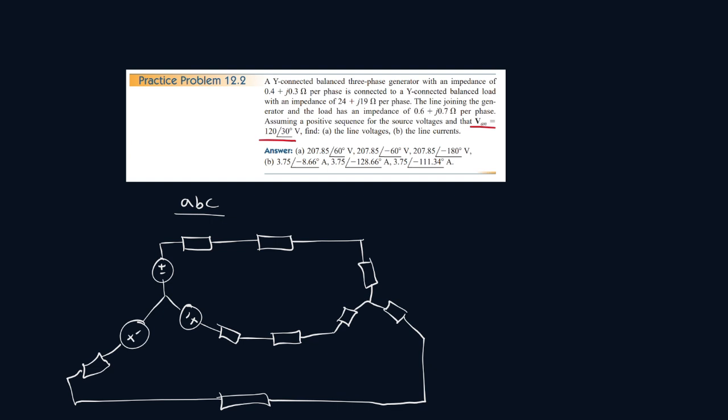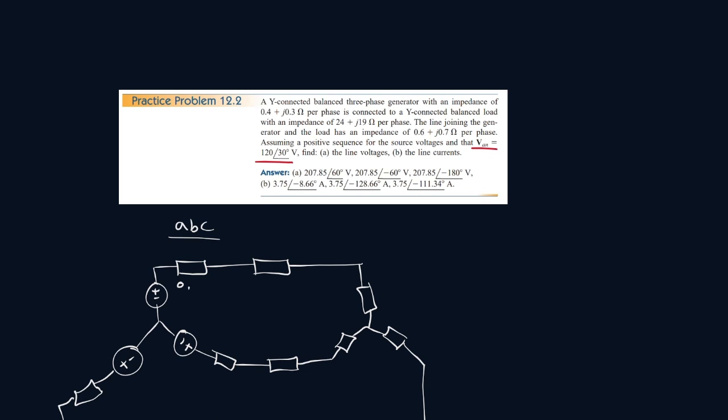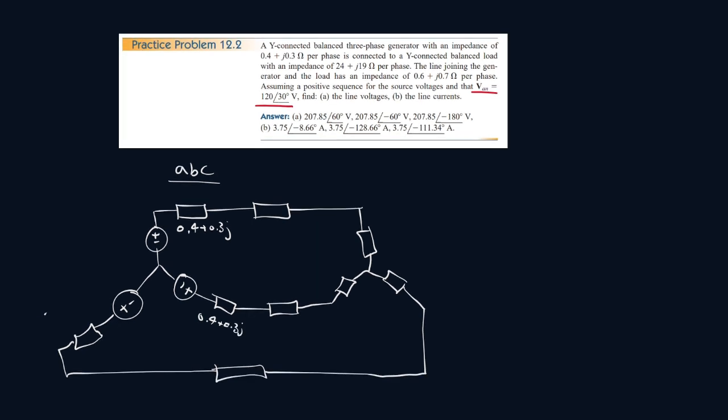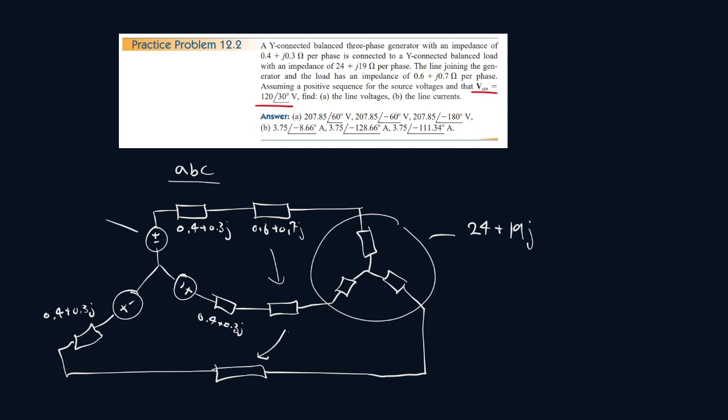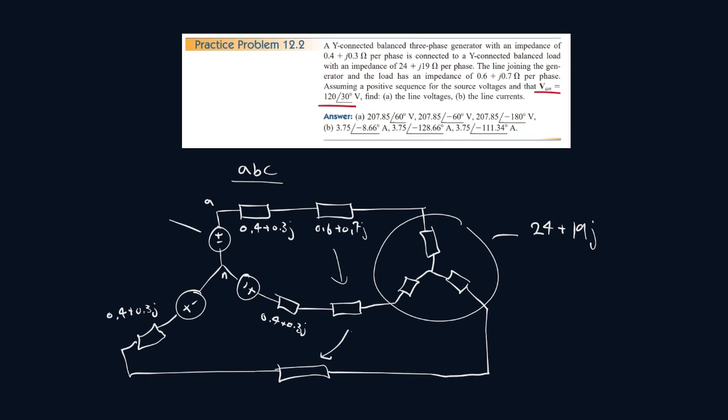Then it's 0.4 plus 0.3j, 0.4 plus 0.3j, 0.4 plus 0.3j. Then this one is 0.6 plus 0.7j, and it's the same for all of these. I'm just going to put those arrows there. And then for the loads, it's 24 plus 19j.